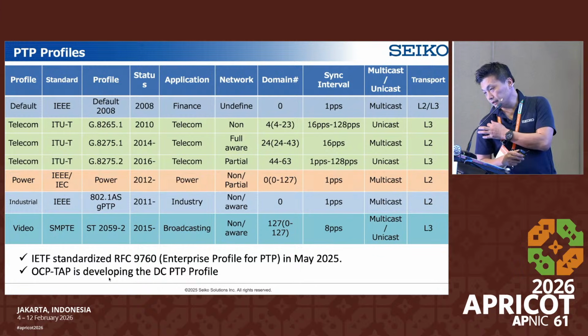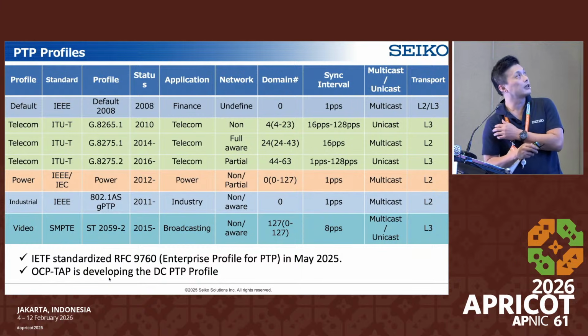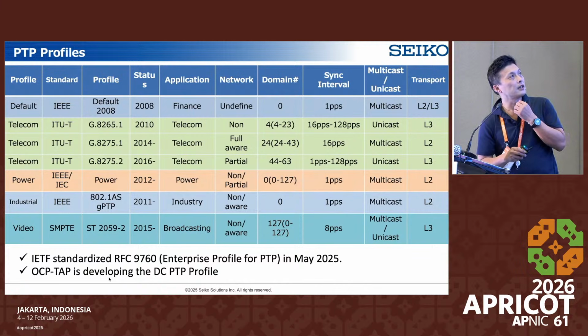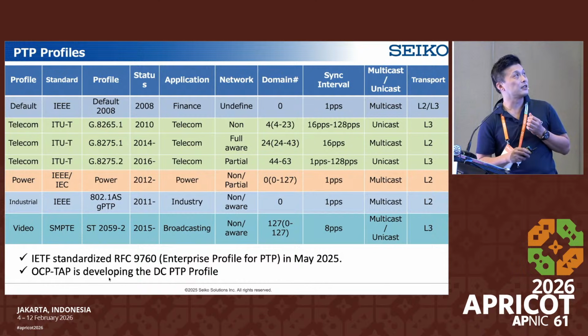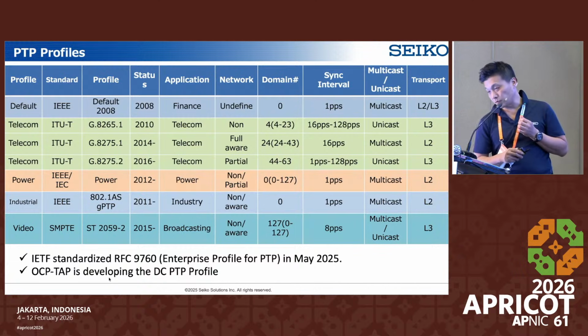And these days, power utility companies are adopting PTP technologies and IP networks for their distribution systems. And also industrial, like FA, factory automation and sensor networks, are using gPTP standardized by IEEE.